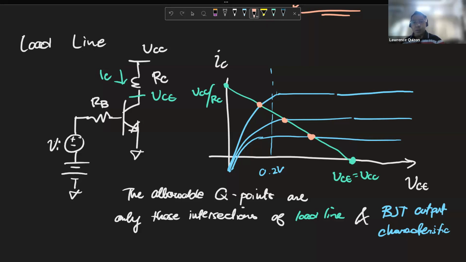Tapos, okay. So, if I label these A, B, and C, alin dyan yung quiescent point na papasok ka na sa saturation?